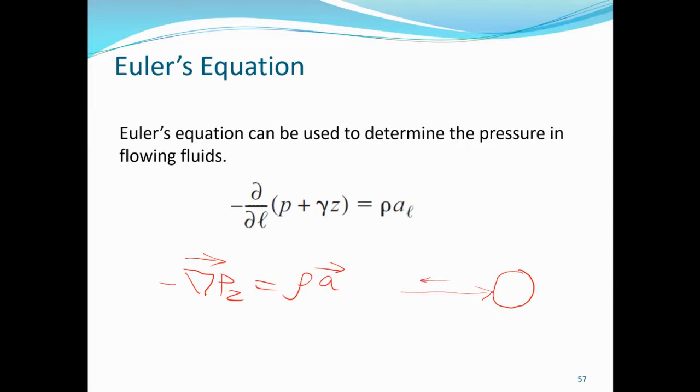When it slows, the acceleration direction is opposite to the flow direction, and then the pressure gradient increases in the opposite direction. Because this is negative, meaning the pressure gradient is in the opposite direction to the acceleration direction. That is what the negative means, because all these are vectors.